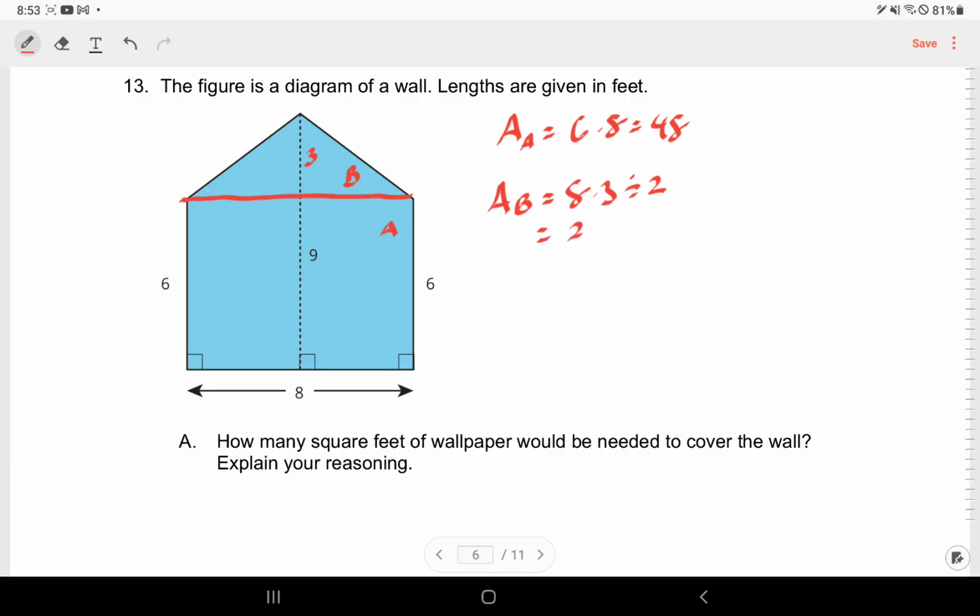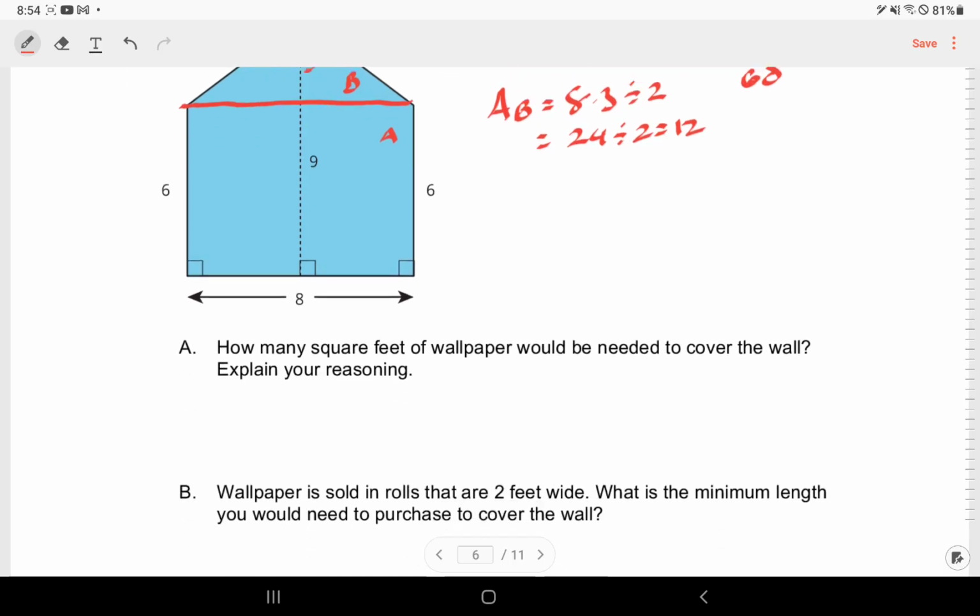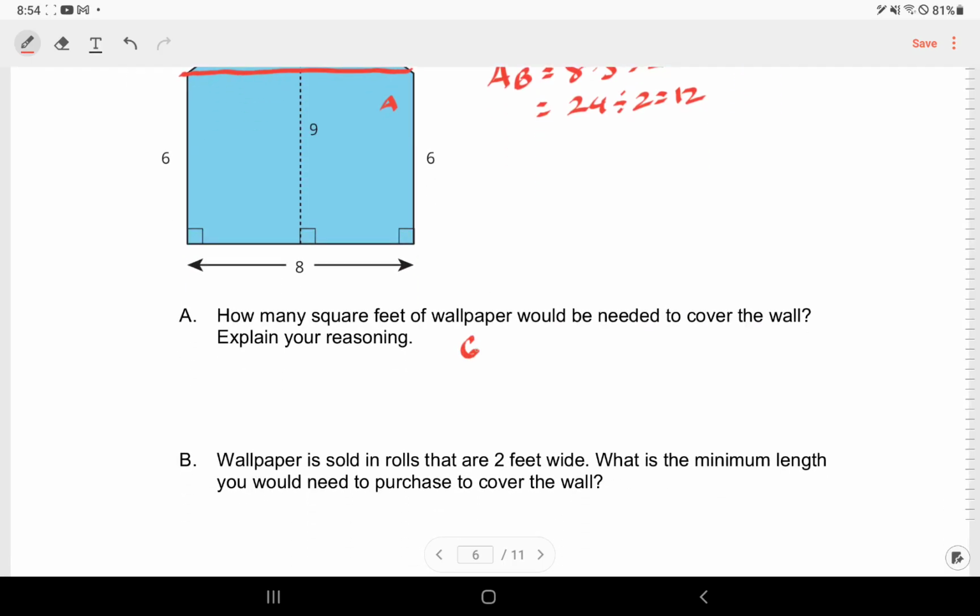Well, 8 times 3 is 24, divided by 2 is 12. And so we can do 48 plus 12 is 60. So 60 feet squared.